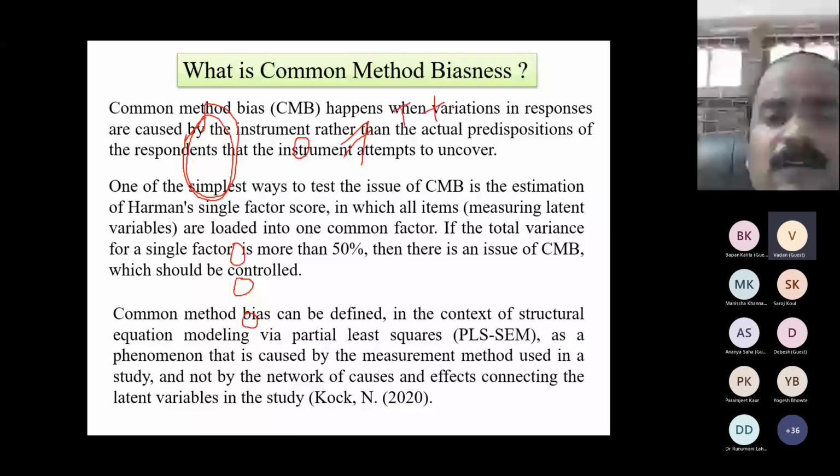This is as a whole. In item response theory, for every item you calculate the observed score as the variance explained by that indicator, that is the true score, plus error.